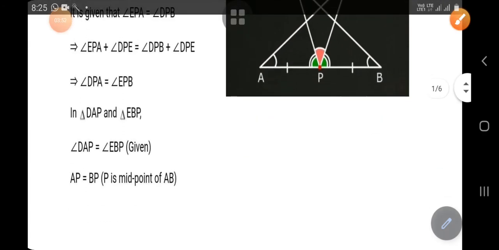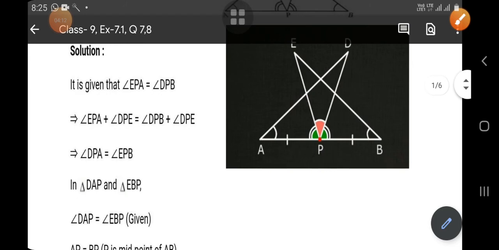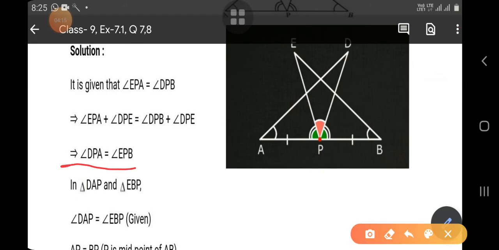Now see, since P is the midpoint, AP is equal to PB. So we got two conditions, and we have already proved that angle DPA is equal to angle EPB.